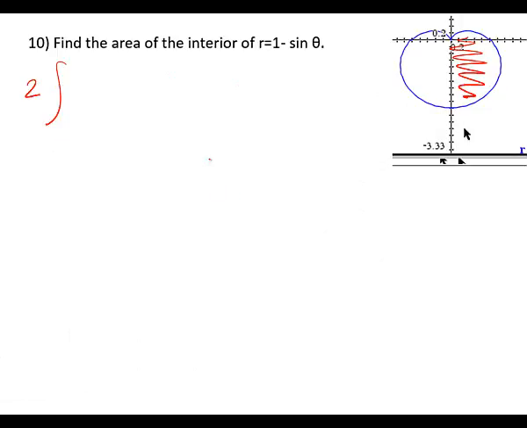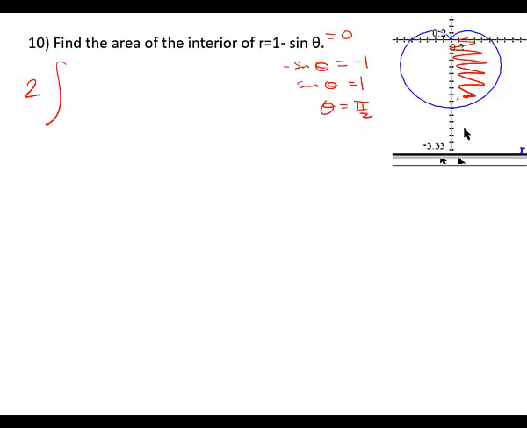There's a couple of ways to look at the limits. We're supposed to find the area of the interior, and for this I want to know where r is equal to 0, probably. So that means I've got negative sine theta equals negative 1, and sine theta equals 1. We know that that happens at pi over 2, right?